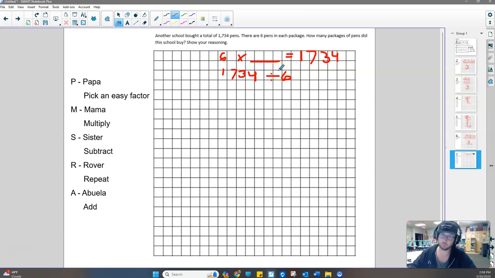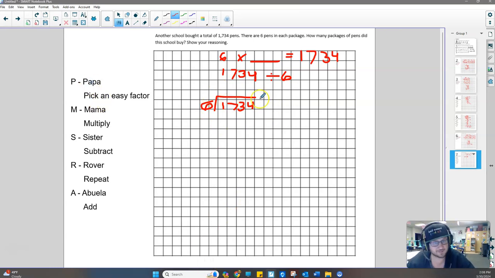It's just that fact family, those multiplication and division families. So we're going to write this out in our little house. We have 1,734 divided by 6. And hopefully I've left myself enough room on my chart paper here.